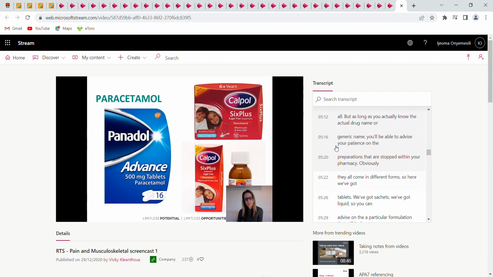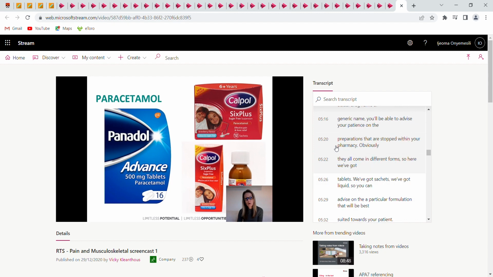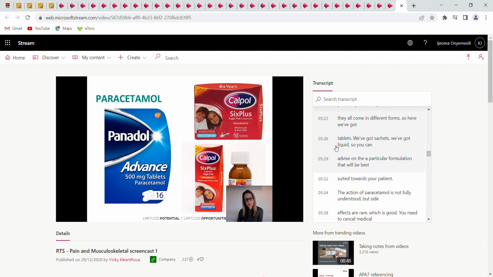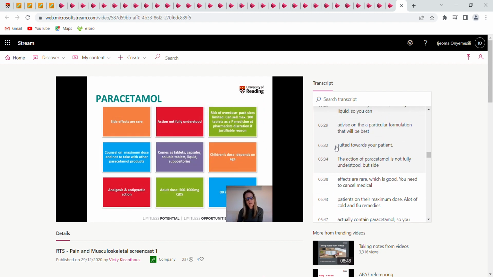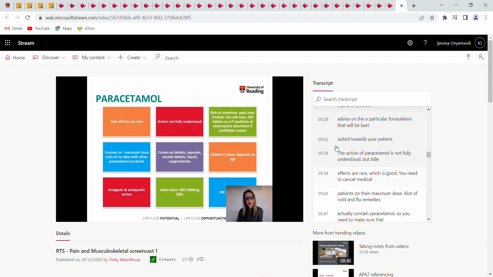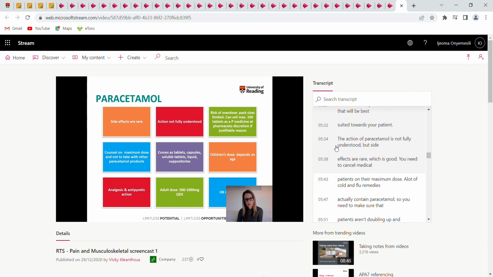Obviously they all come in different forms, so here we've got tablets, we've got sachets, we've got liquid, so you can advise on a particular formulation that will be best suited towards your patient. The action of paracetamol is not fully understood, but side effects are rare, which is good. You need to counsel patients on the maximum dose.